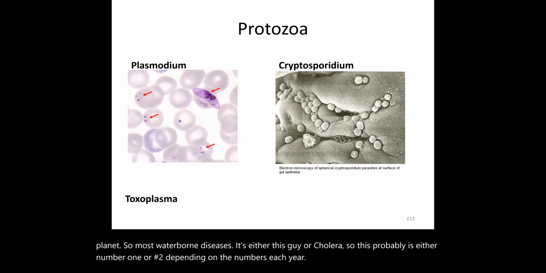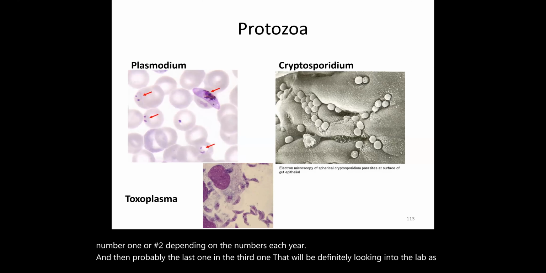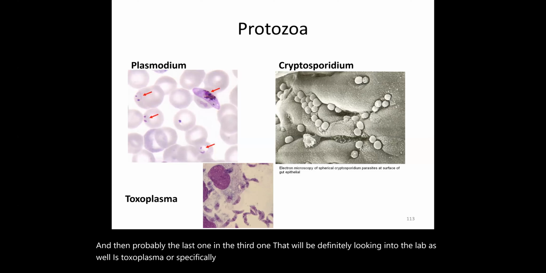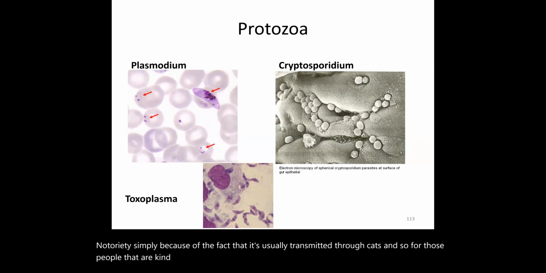And then the last one, the third one, that we'll definitely be looking at in the lab as well, is Toxoplasma, specifically Toxoplasma gondii. This one receives its notoriety simply because it's usually transmitted through cats. So for those people who are cat fanatics, this is where that disease comes into play.